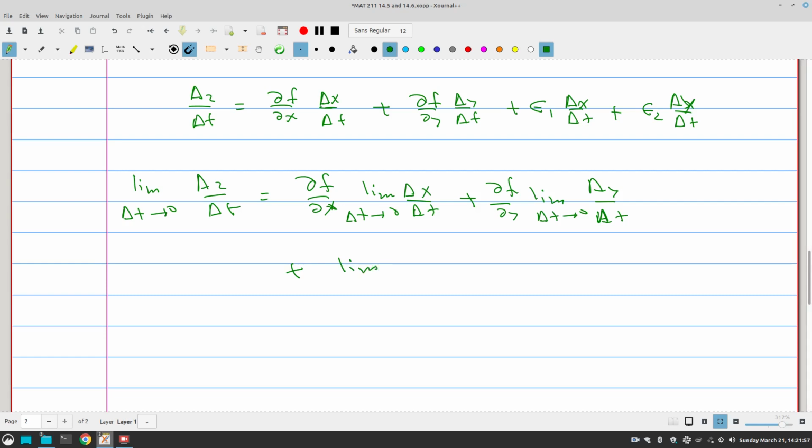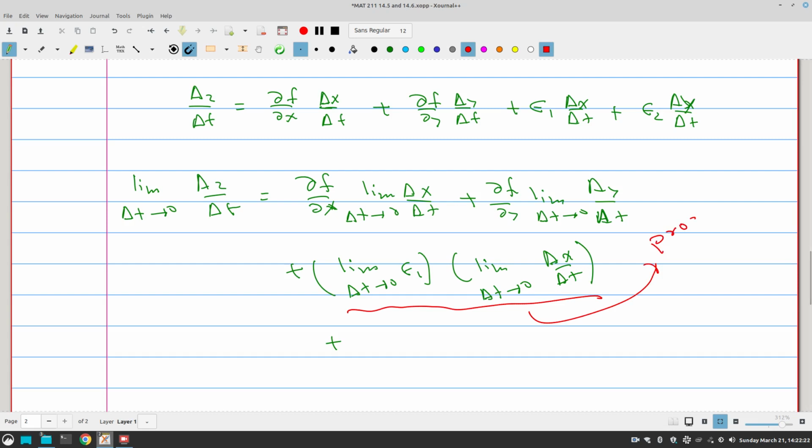So, the limit as delta t goes to 0 of epsilon 1 times the limit as delta t goes to 0 of delta x over delta t. Remember, this is from the product rule for limits, right?